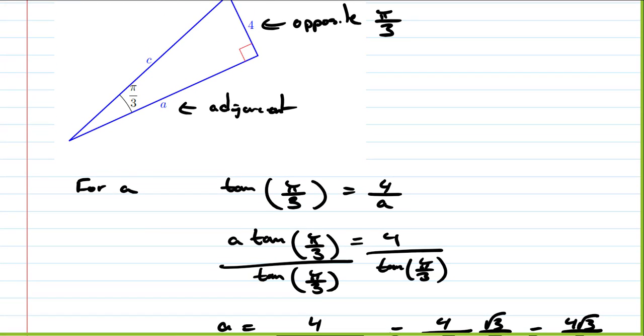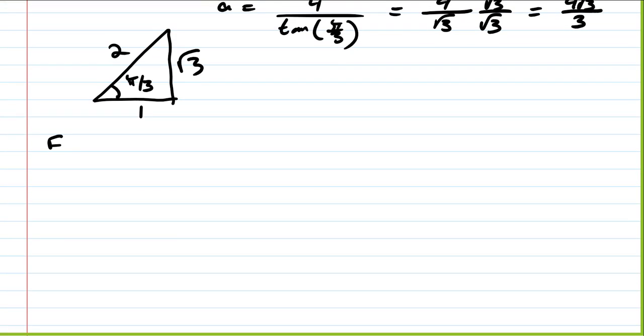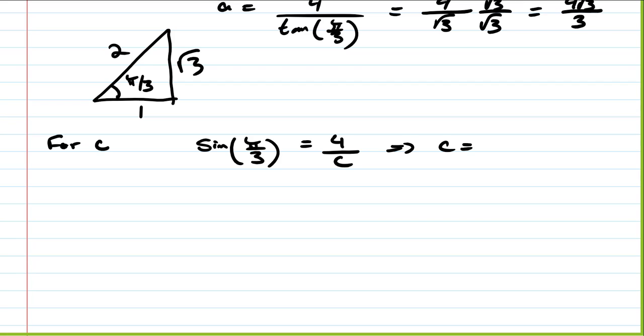Similarly, if we wanted to solve for C, we would have opposite and hypotenuse. Well, opposite and hypotenuse give us sine. So the sine of pi over 3 is equal to our opposite, which is 4, over our hypotenuse C. Similarly, that gives us C is equal to 4 divided by sine pi over 3.